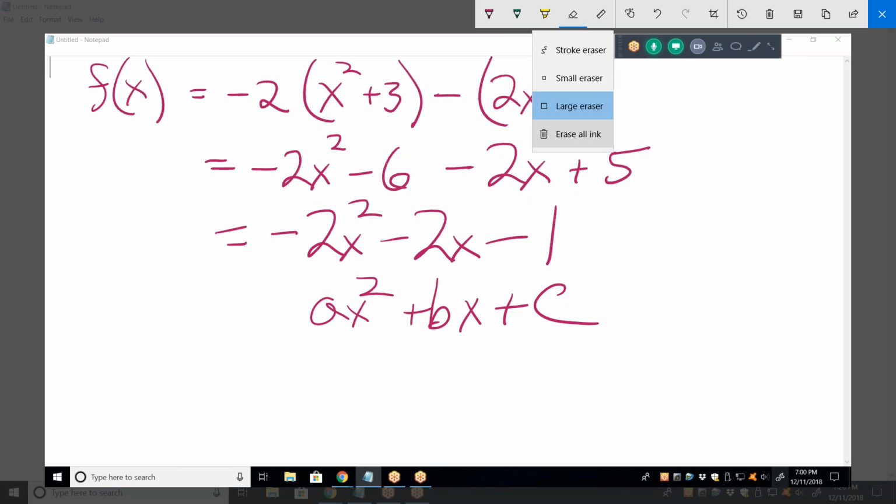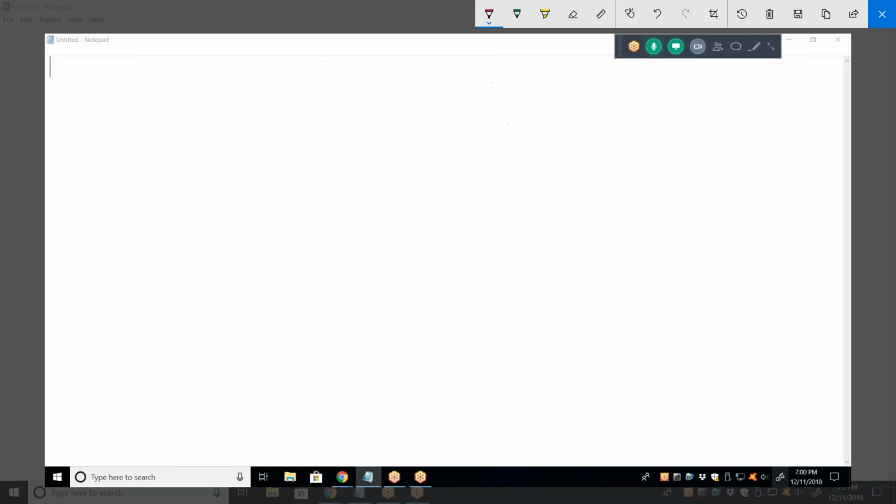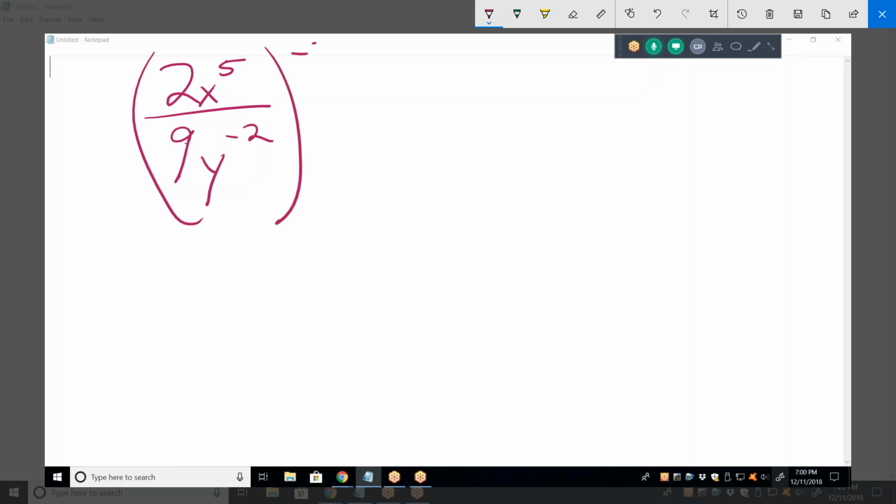So then again, it wants to simplify the expression 2x to the 5th over 9y to the negative 2nd. And then that's all in parentheses, and then there's a -2 to the negative 2nd. Like that? Yeah.